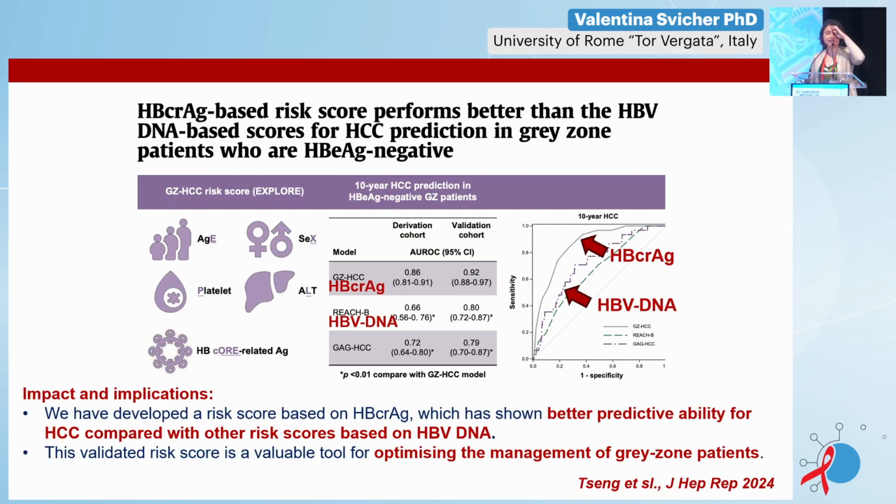In this regard, this study, recently published in the Journal of Hepatology Reports, has shown that correlated antigen is an independent predictive factor of liver cancer, and when introduced in a specific clinical score, it can predict liver cancer better than HBV DNA.